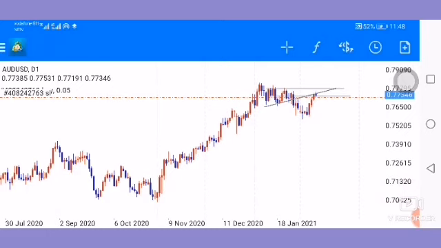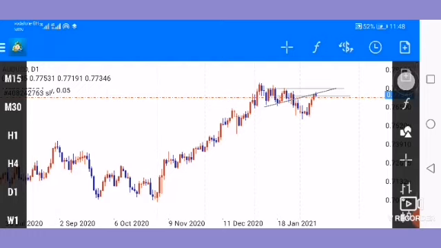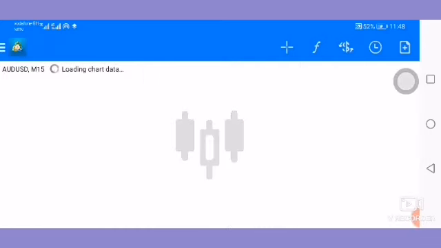After looking at the directional bias, I switch my time frame to the nearest time frames, like the 4 hour, 1 hour and 15 minute time frames, to look for the entry with the same principle I use. Let me use the 15 minute time frame.